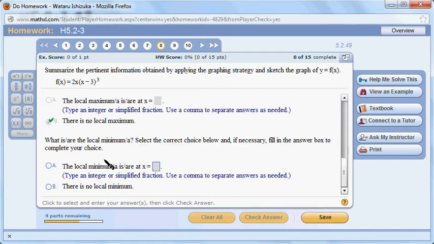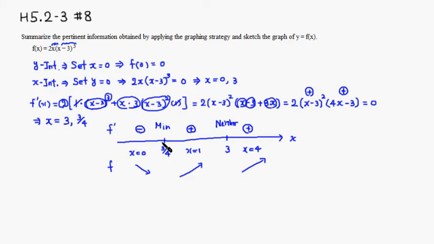All right, so local minimum. We already found the local minimum. So let's go back. The local minimum is at x equals 3/4. So we're going to have to find the corresponding y value. So we're going to plug 3/4 into the function.